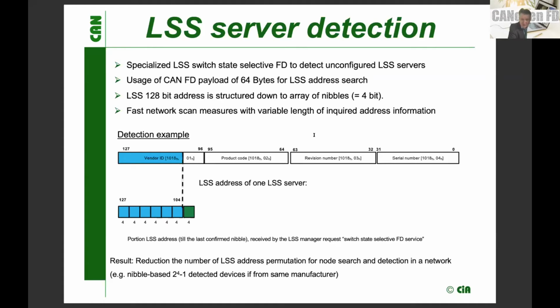So in the next step, the LSS manager could continue to transmit this information to confirm the rest of the remaining part of this LSS address, or may stop right there, just to detect that in general several devices are coming from the same manufacturer.